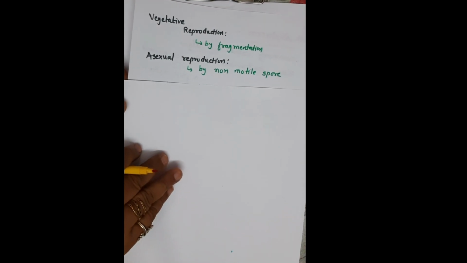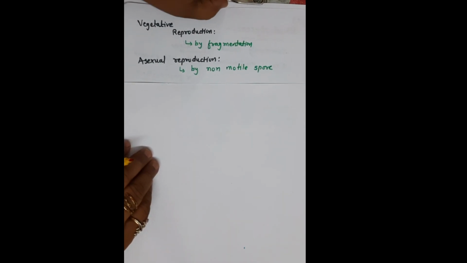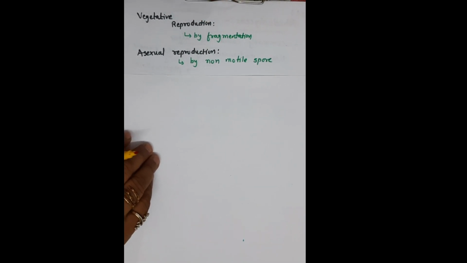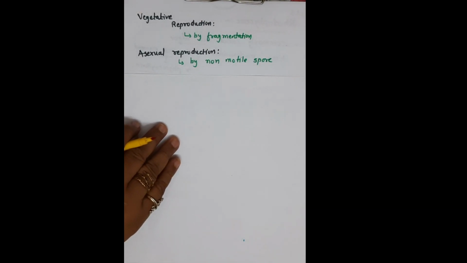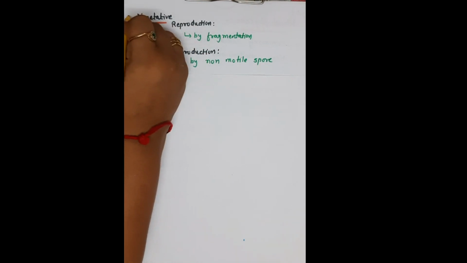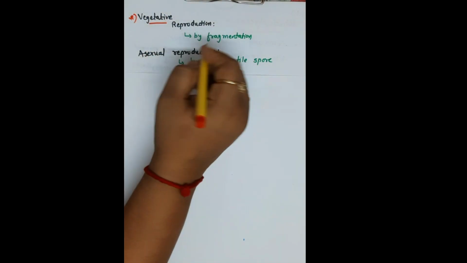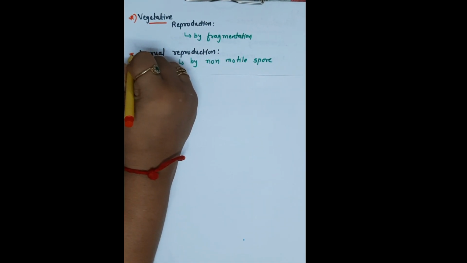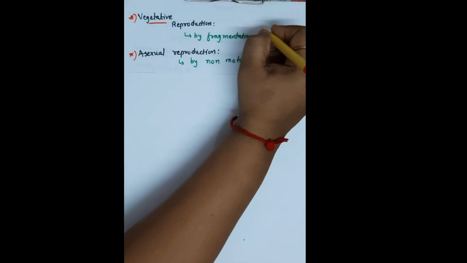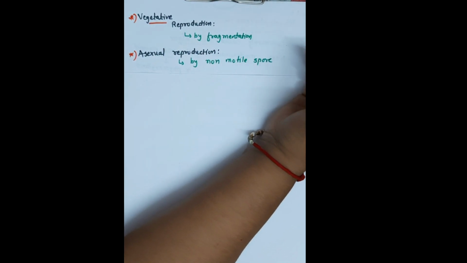Now let's talk about reproduction. Vegetative reproduction is by fragmentation. As we know, a fragment separates and forms new algae.